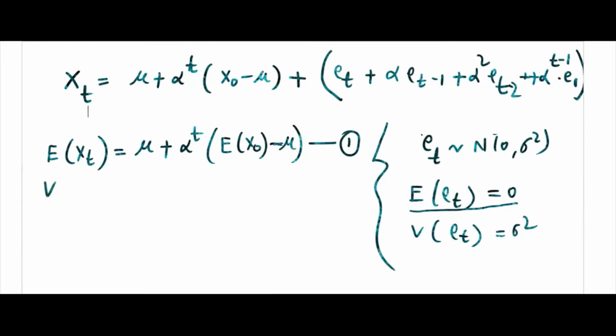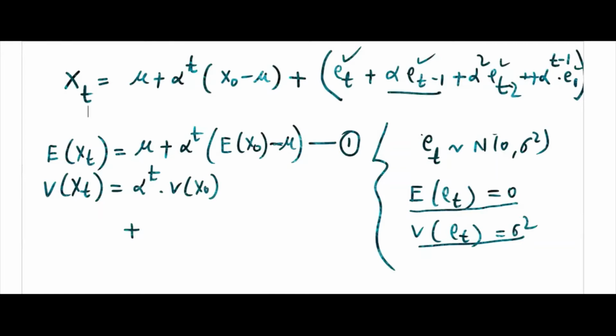And if you take the variance of x_t, the variance of a constant is 0, you write alpha^{2t} variance of x_0 here, plus variance of e_t, sigma squared. You go on putting sigma squared here, all errors sigma squared. But when there is a constant and you find the variance, that alpha will come outside squared.